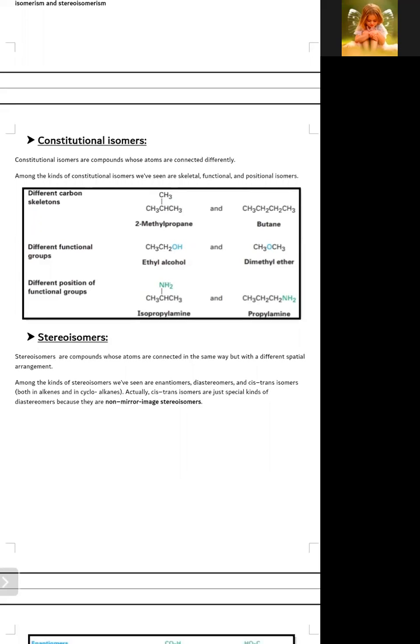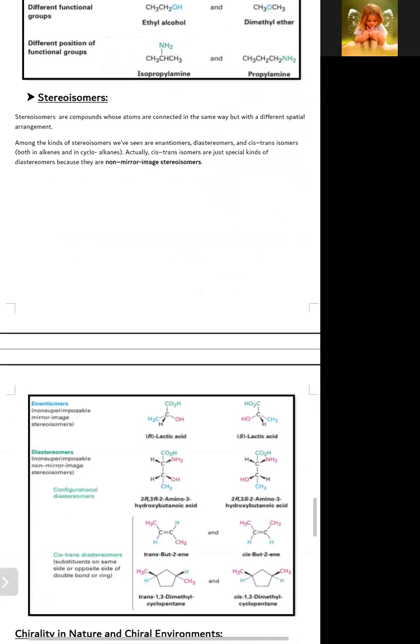The functional isomers are ethyl alcohol and dimethyl ether. The third is positional isomers. Positional isomers are isopropylamine and propylamine. Then there are stereoisomers, the second type of isomerism. Stereoisomers are compounds whose atoms are connected in the same way but with different spatial arrangement.